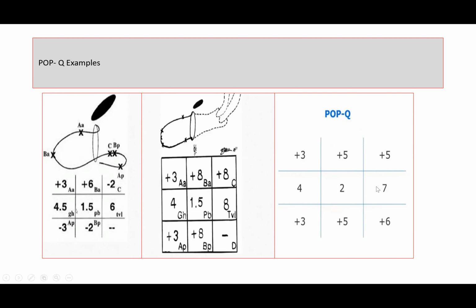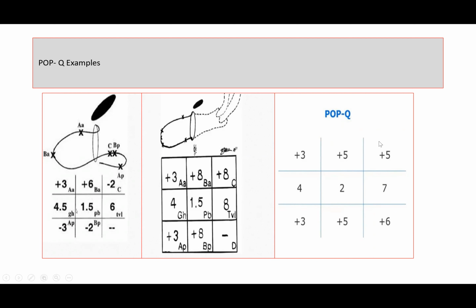Now, again, you can start with the big numbers, +5. It is most likely stage 4 prolapse. So again, stage 4 prolapse is more than or equal to TVL -2. So 7 minus 2 is 5. So it is more than or equal to 5. So this is stage 4 prolapse.